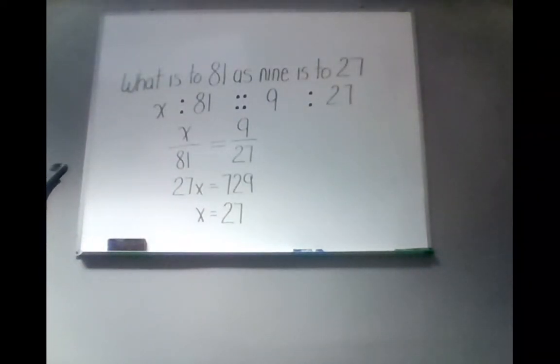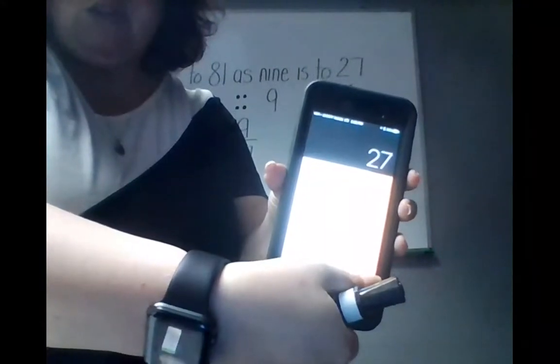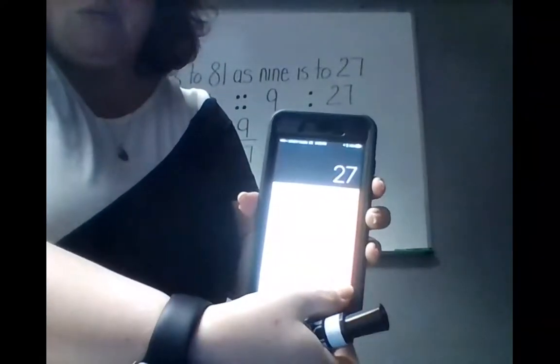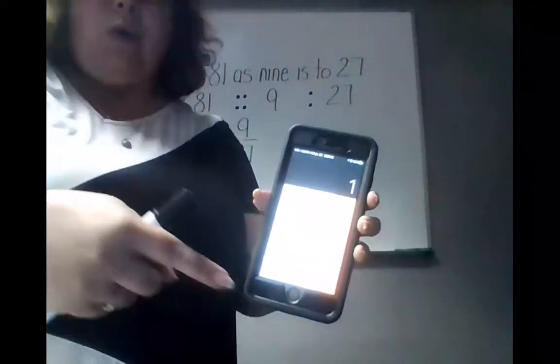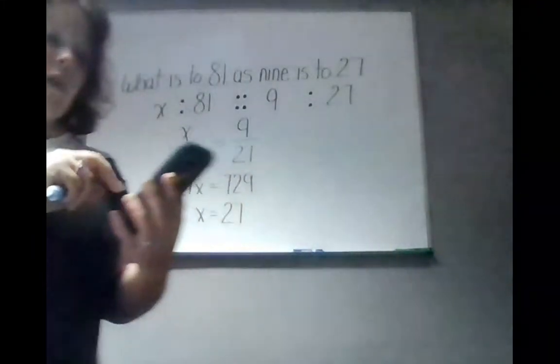So if you have 729 divided by 27, I'm going to try and have you see this. When I hit enter, this is just going to blink. See that blink? That blink meant that was the answer. But if you hit the equal sign again, it's going to drop down to 1 because it's still divided 27 by 27. So just be careful of that.